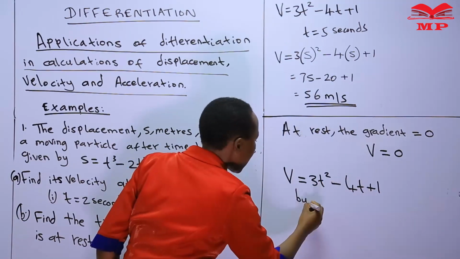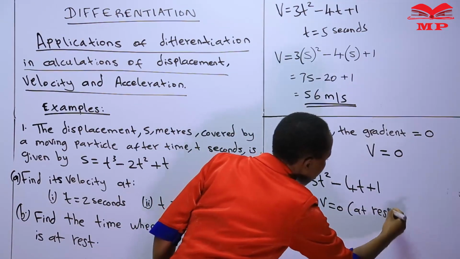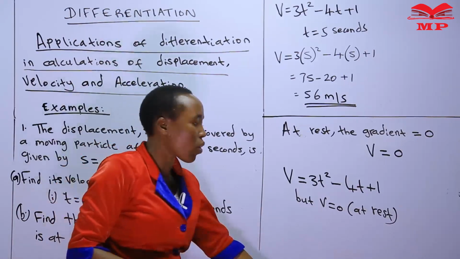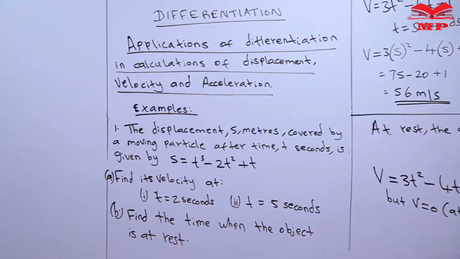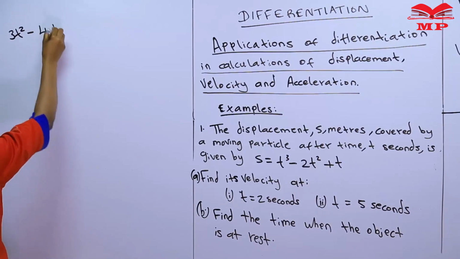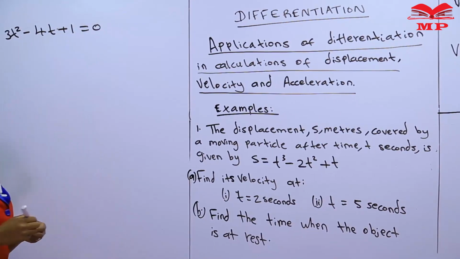But at rest, v is equal to 0. So we equate, then we find the values of time t. So we are going to have 3t squared minus 4t plus 1 is equal to 0.